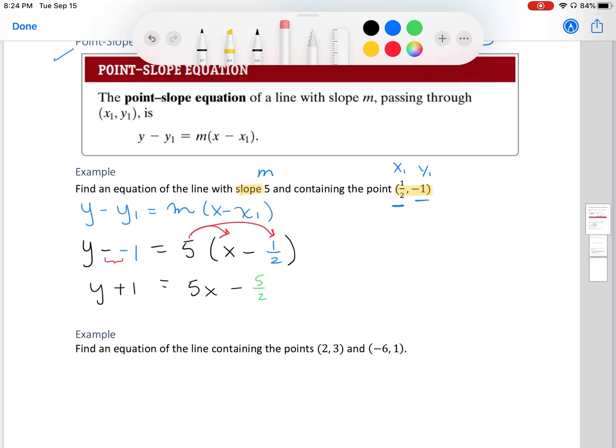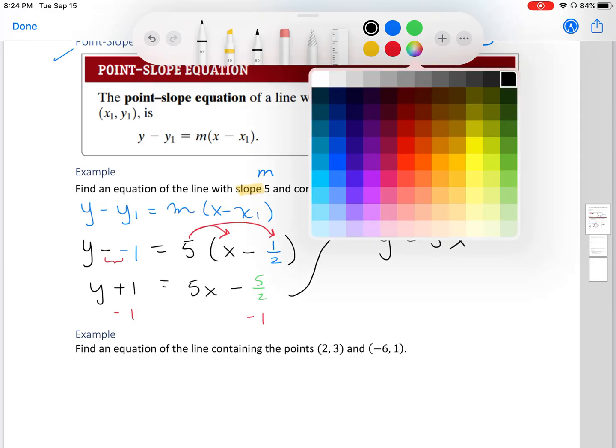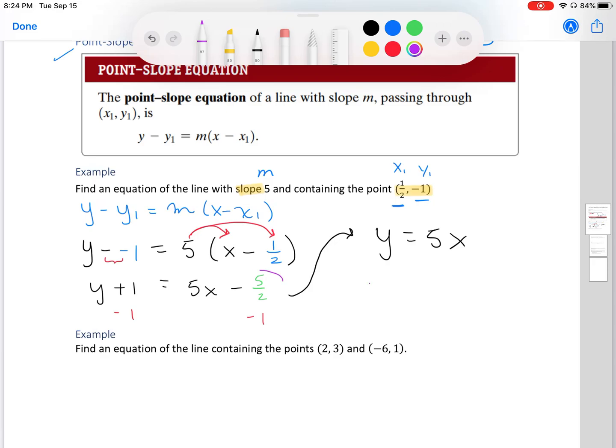Now I need to get the y by itself, so I subtract 1 from both sides. So we're left with y is equal to 5x, and now we're left to do the subtraction. I know subtracting fractions is something that can be tricky, so let's do this together.